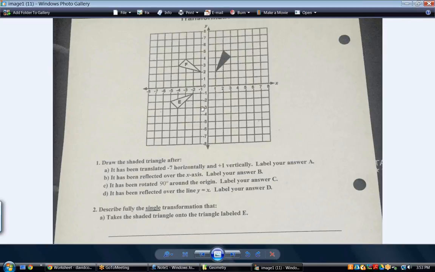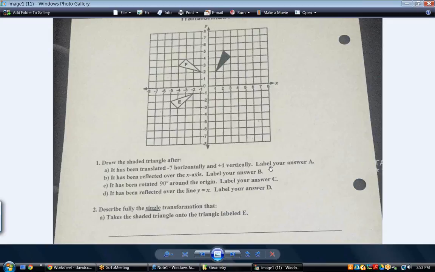Well, I assume by the shaded triangle they mean this one here. Why are these other two on here? Oh, for the next question. So if I'm going to translate it minus 7 horizontally and plus 1 vertically, label your answer A. What do they mean by that?